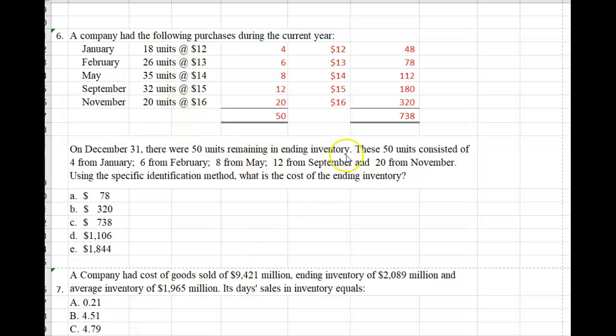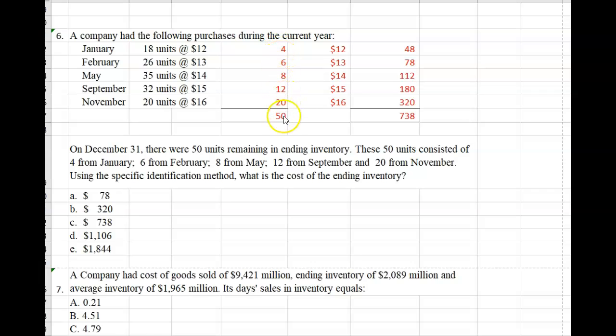So it tells us that unsold units in ending inventory consisted of 4 of the January purchase at $12 each, 6 of the February purchase at $13 each, 8 of the May purchase at $14 each, 12 of the September purchase at $15 each, and all 20 of the November purchase at $16 each.